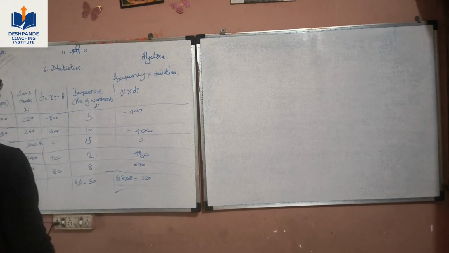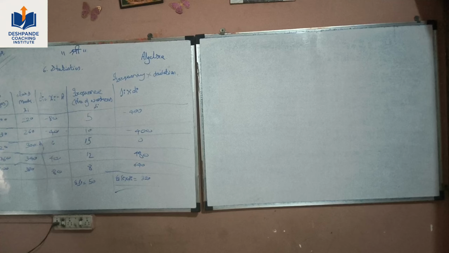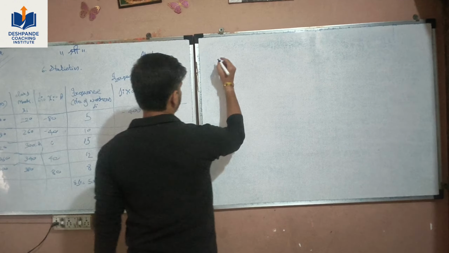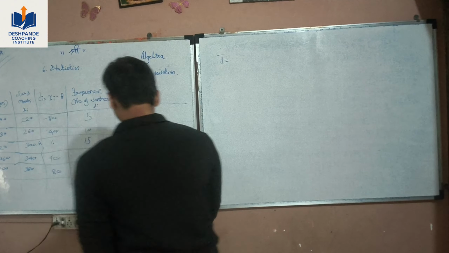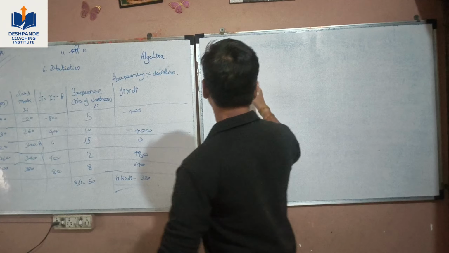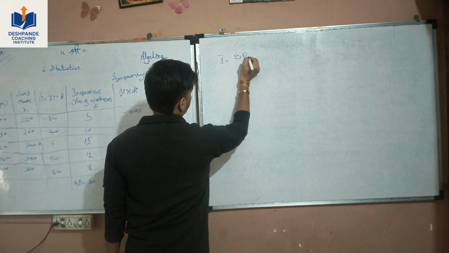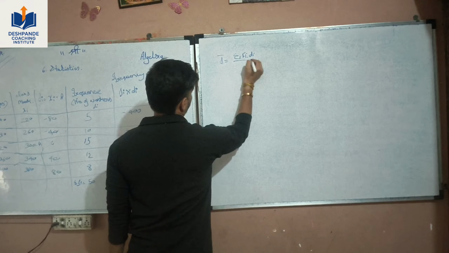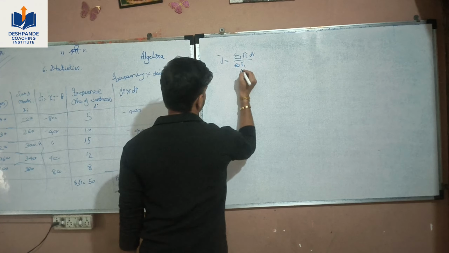The formula to take out the D dash. First we have to take out the D dash. The formula for taking out the D dash is equal to summation of Fi into Di upon summation of Fi.